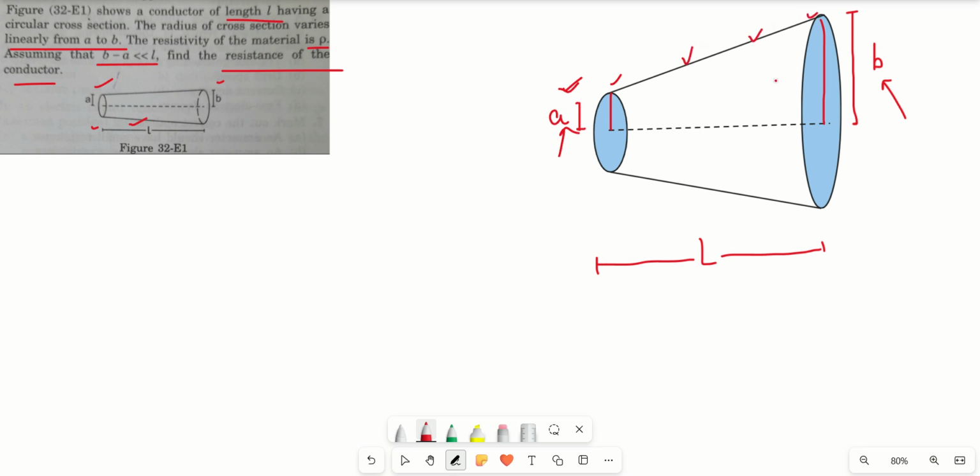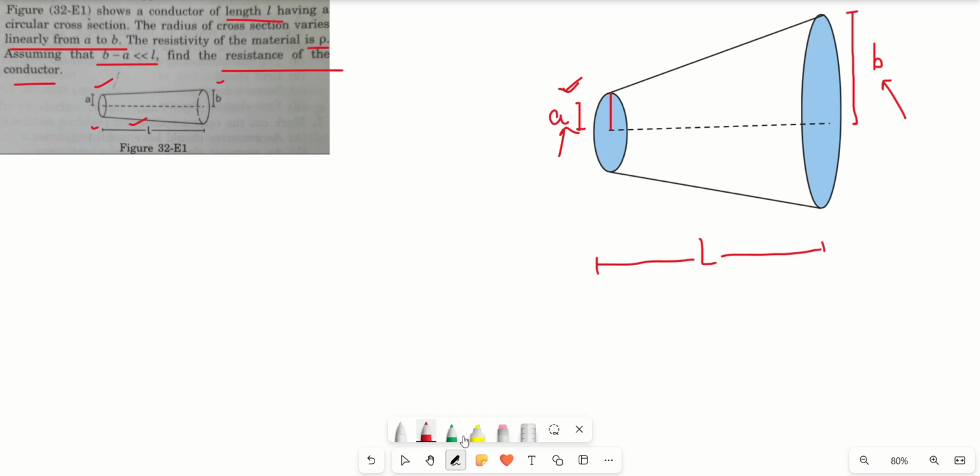So you don't really know what the radius is at each point. You are only given the radii A and B at both the ends, but you don't know what the radius is here. So for these types of questions, you have to basically do integration.